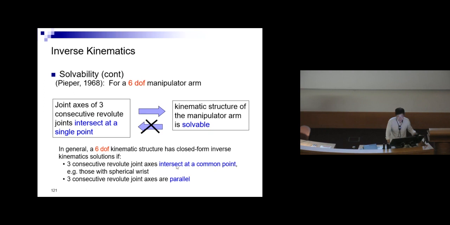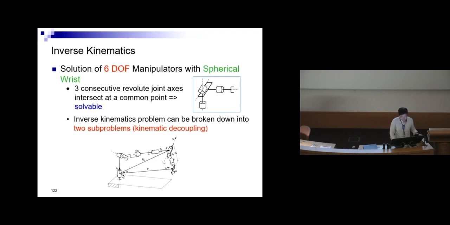A 6 degree of freedom robot has a closed form inverse kinematic solution if the 3 consecutive revolute joints intersect at a common point, for example those with a spherical wrist, the one that we've seen earlier on, or if the 3 consecutive revolute joints are parallel. For example, look at this 6 degree of freedom manipulator with a spatial wrist. If you draw the spatial wrist, it will be something like this. This is a revolute joint, so it turns this way.